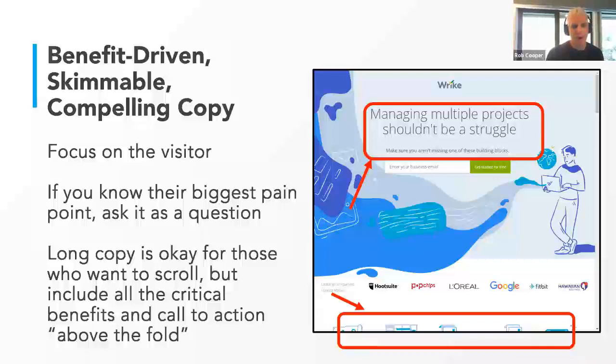Essentially, if you want to drive a conversion, and there's exceptions to all of this, of course, but in general, have that copy visible above the fold along with the call to action, and that will typically get the best result.